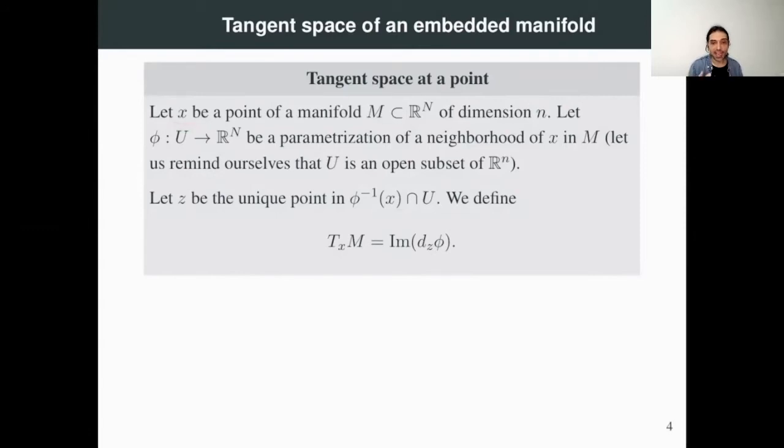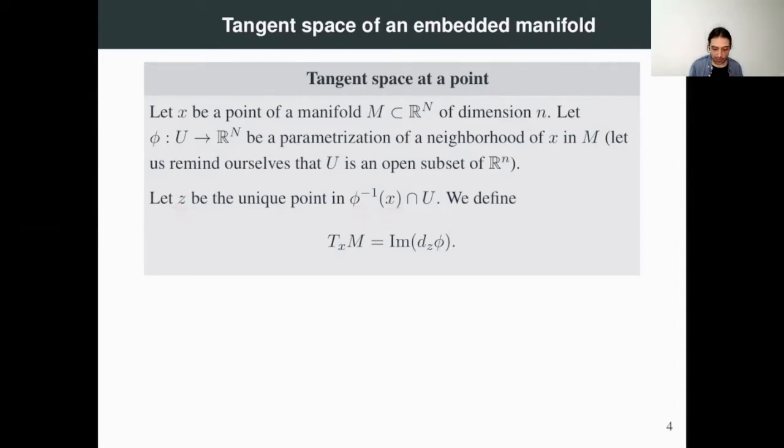Now we fix a parametrization phi of a neighborhood of x in our manifold M. Let us remind ourselves that U is an open set of R^n, where small n is the dimension of our manifold. Since it's a parametrization, in particular, it's injective, and so there is a unique parameter c that corresponds to the point x.